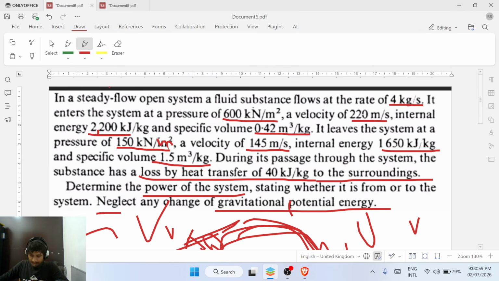Then they mentioned that the internal energy at the final stage is 1650 kilojoule per kilogram.